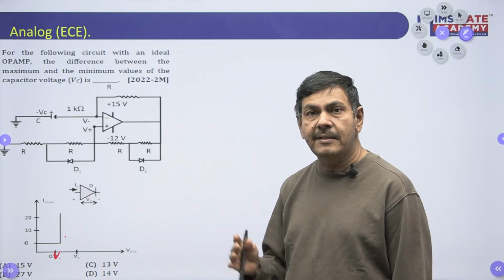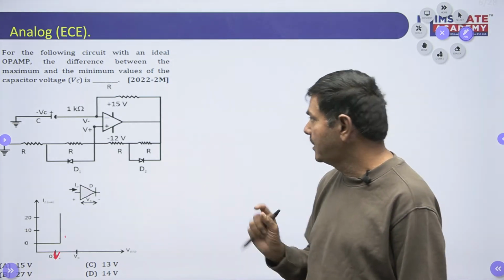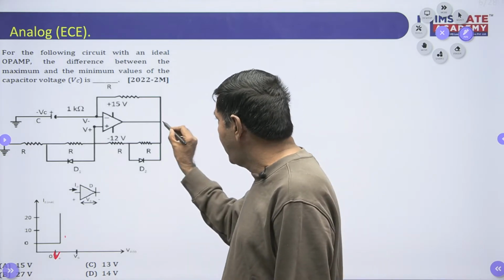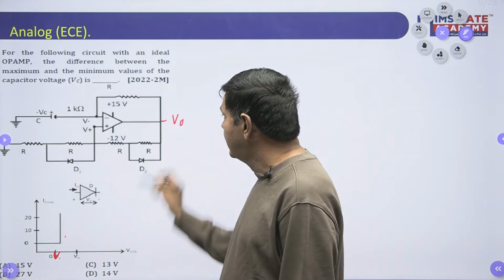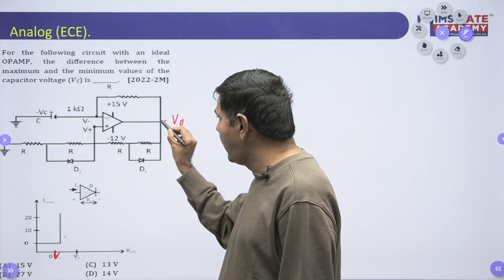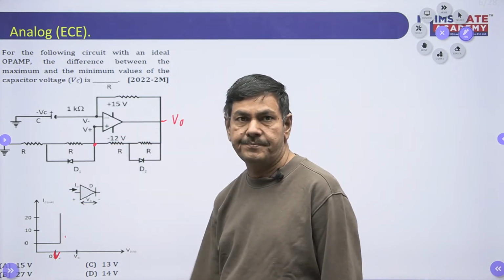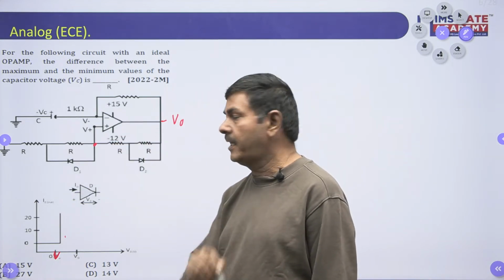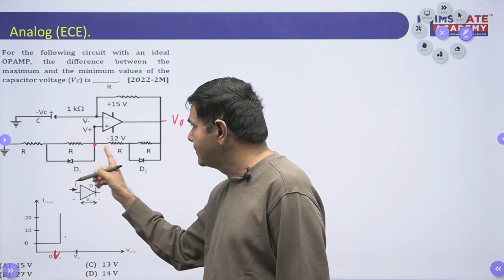Sir, why is that V sat value required here, sir? Very good, that point is very important. I wish to find this V naught value. Once I get this V naught, I can determine the V plus value. V plus is nothing but the voltage across these resistors.